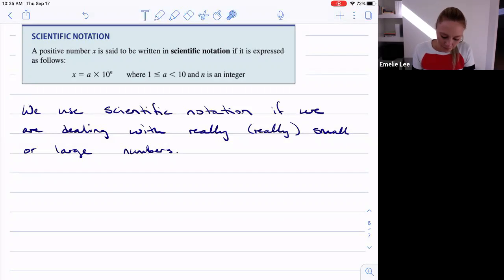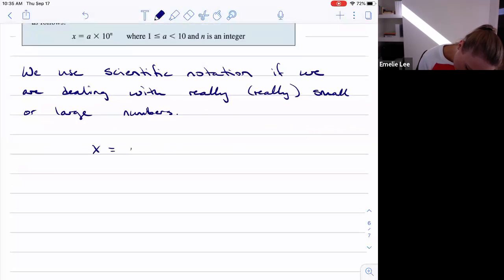And so what we do is we say, okay, I'm going to rewrite it and I'm just going to lop off, so I just have the first actual number that appears and then rewrite it as a decimal with all the decimal places that I need. And then I go times 10 to the power of n, and then that's going to bump me out either to a really large number or to a really small number, right? If n is negative, then you're moving to a really small number, right?